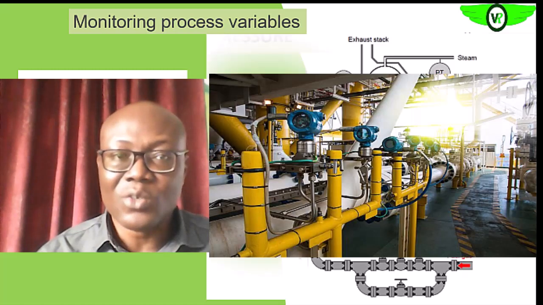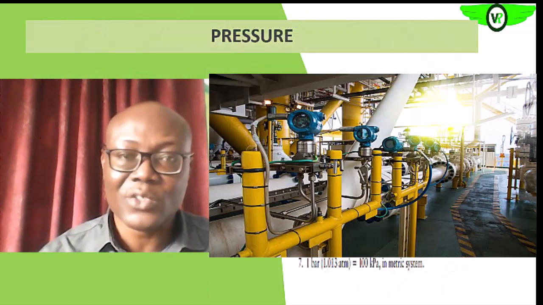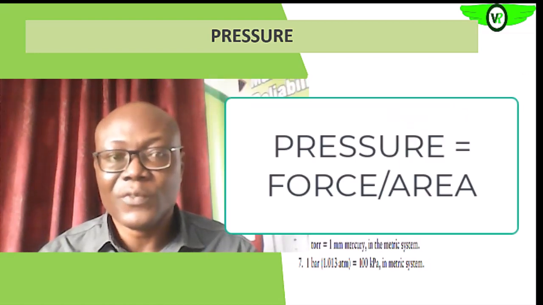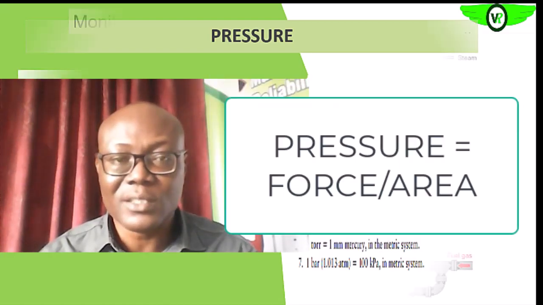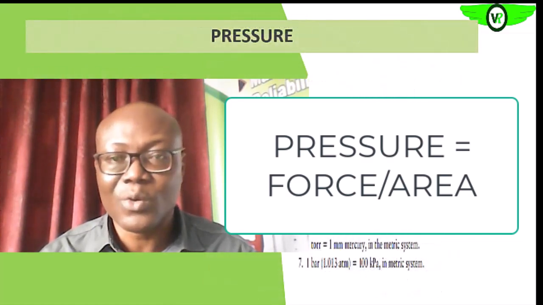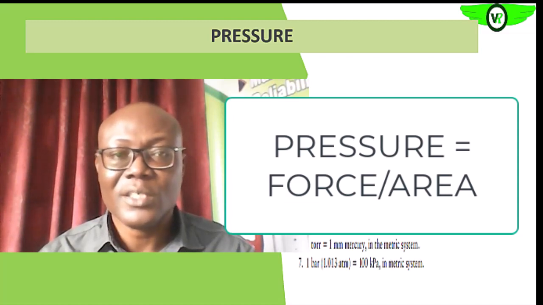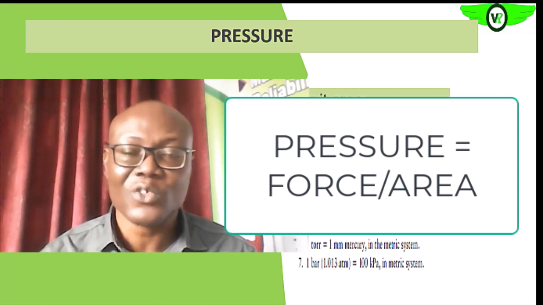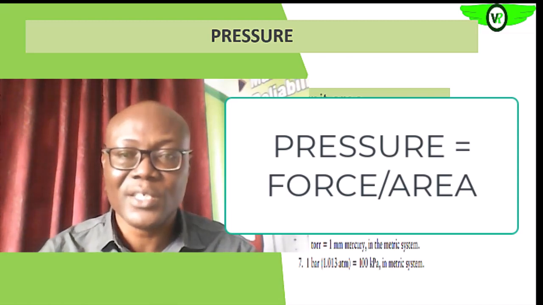So we are going to look at the various process variables now. The first one that we are going to look at is the pressure. Pressure, as you well know, is defined as the force per unit area.